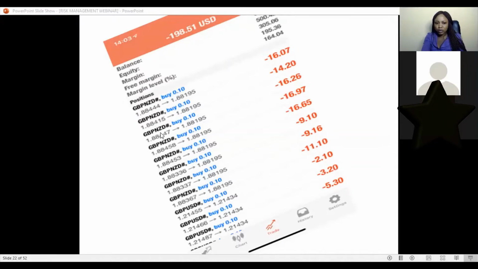This is 1, 2, 3, 4, 5, 6, 7, 8 positions on one currency pair. That trade, if it turns against you, very easily you can blow that account. This account has started, it's almost $200 loss out of a $600 account. Guess what? This account is later going to be blown if it is left this way.